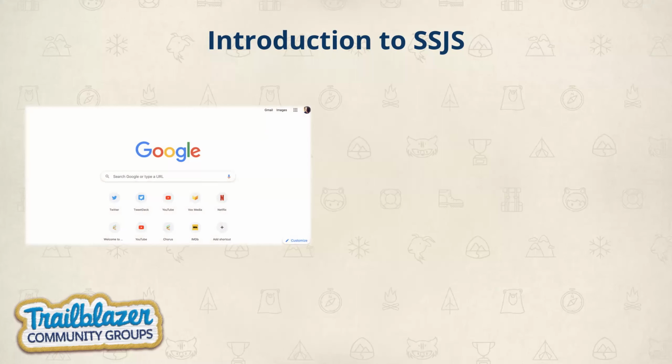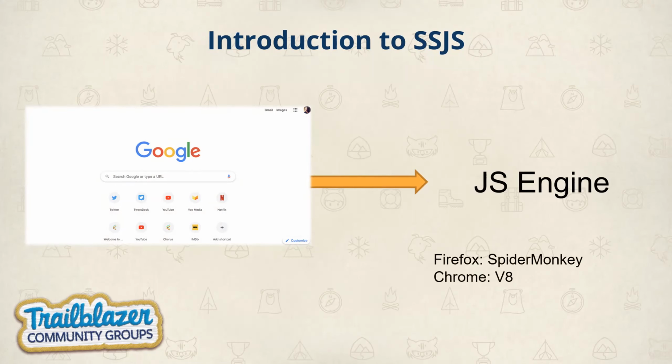JavaScript is a language which gets executed in the front end, like the browsers we use, such as Chrome, Firefox, or Internet Explorer. Whenever we write any JavaScript code, that gets interpreted or executed by the JavaScript engine. Firefox has a JavaScript engine called SpiderMonkey, and Chrome has a JavaScript engine called V8.